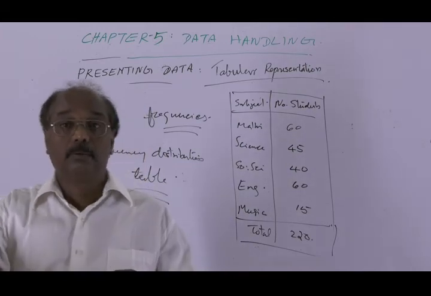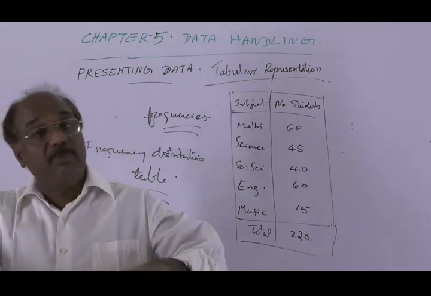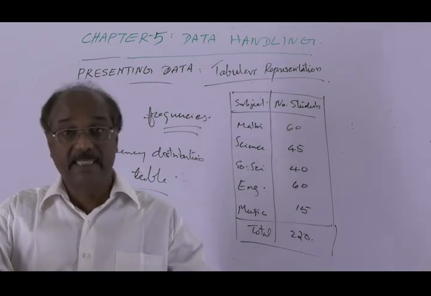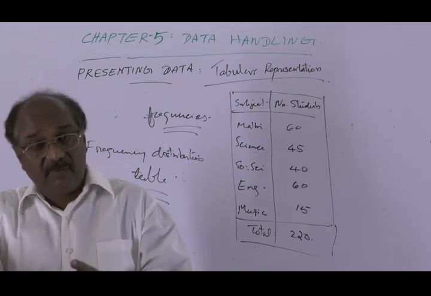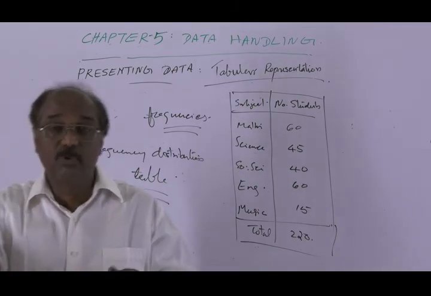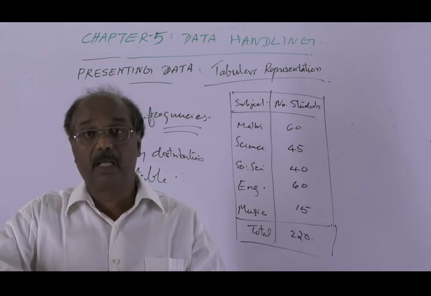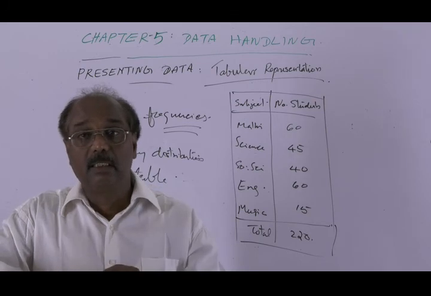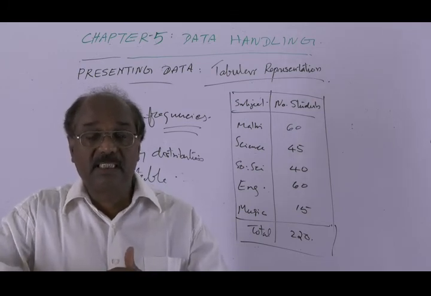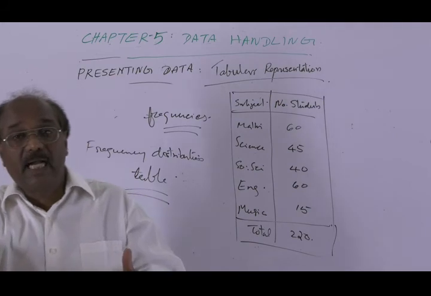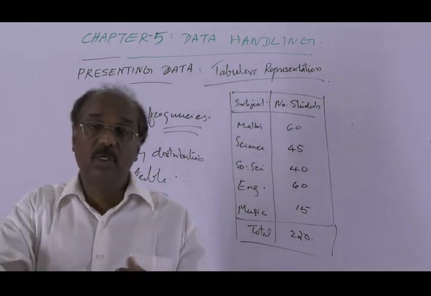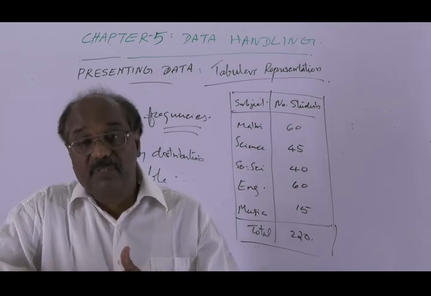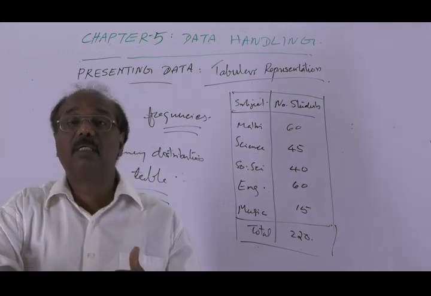And now this table can be of different types depending upon the data. We can have varying types of frequency distributions. The main two divisions of this table are the grouped frequency table and the ungrouped frequency table, or grouped distribution table or ungrouped frequency distribution table.